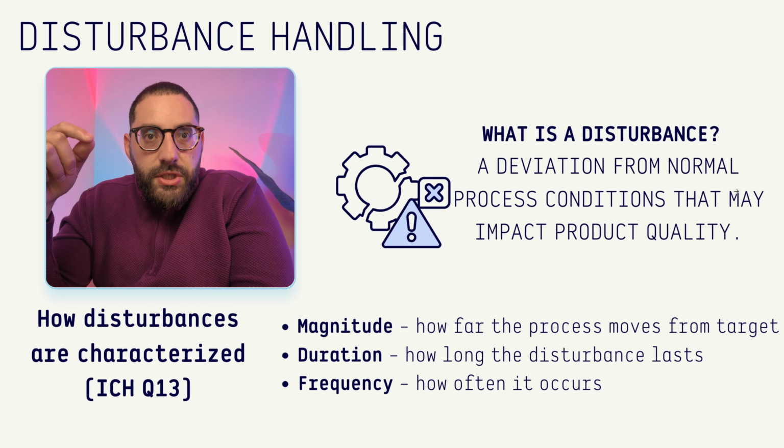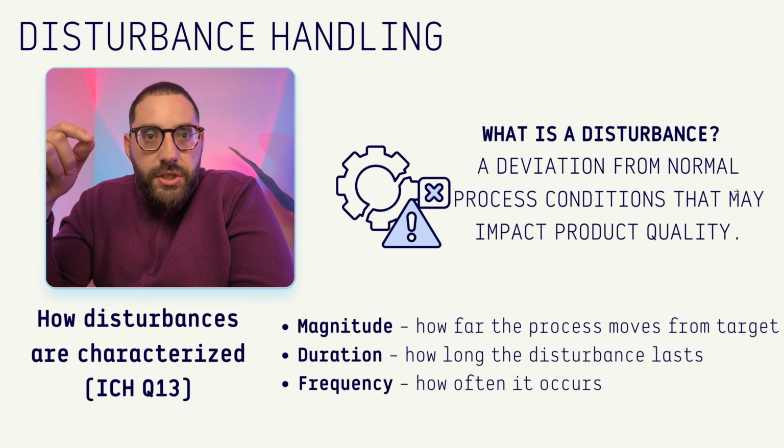The last thing I wanted to emphasize here is that Q13 doesn't replace some of the principles that are outlined in other guidelines. It just speaks to how to handle those considerations for continuous manufacturing processes, because you still need validation, you still need to be able to release product, and you still need to manage changes using a risk-based approach.